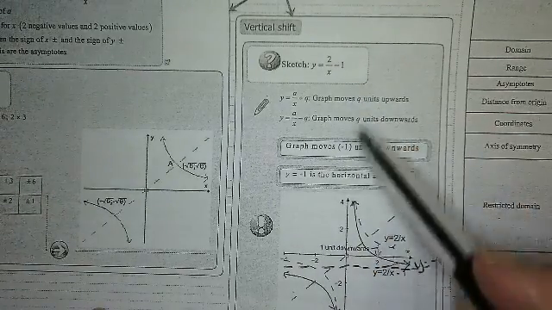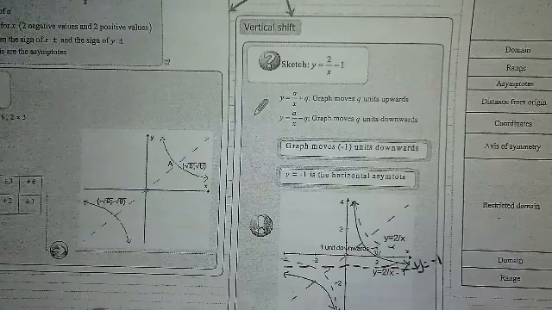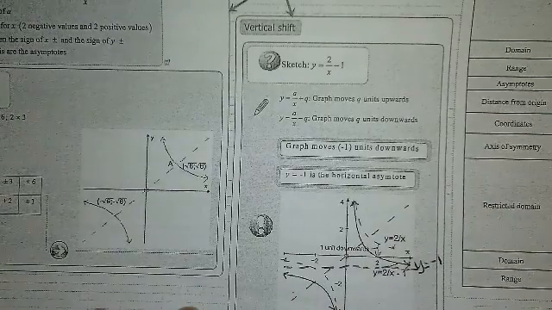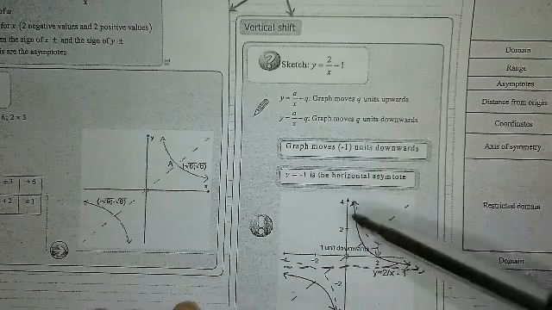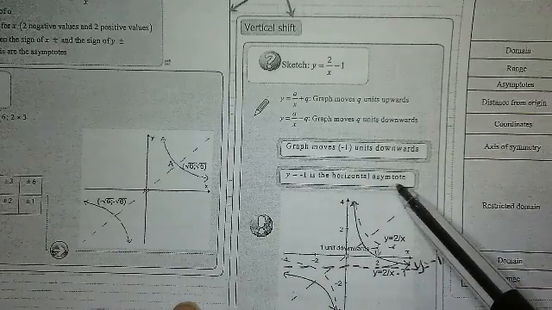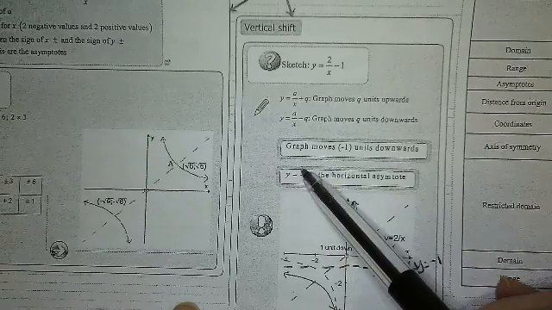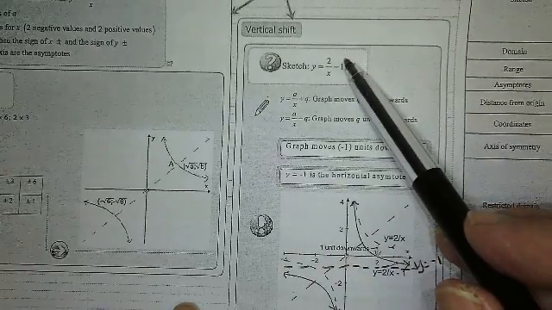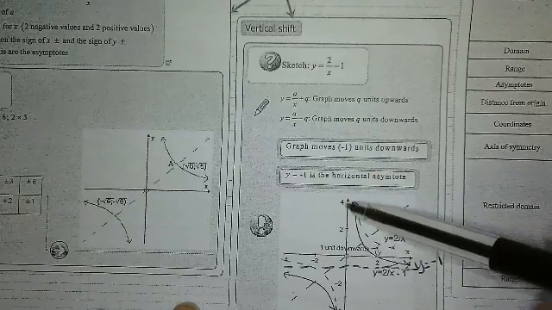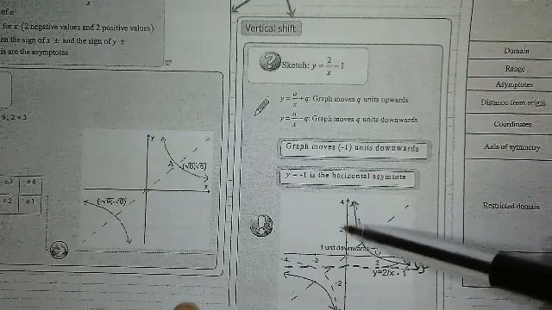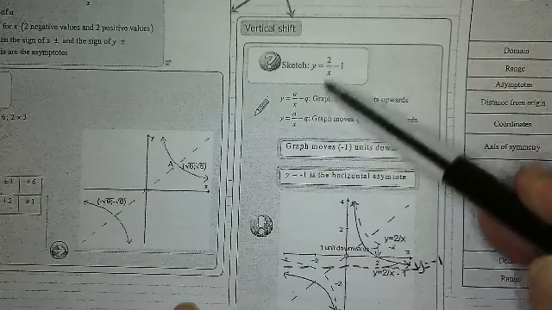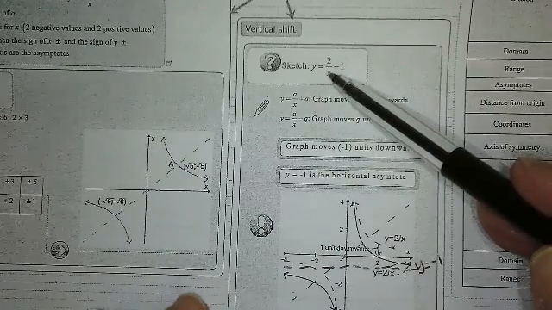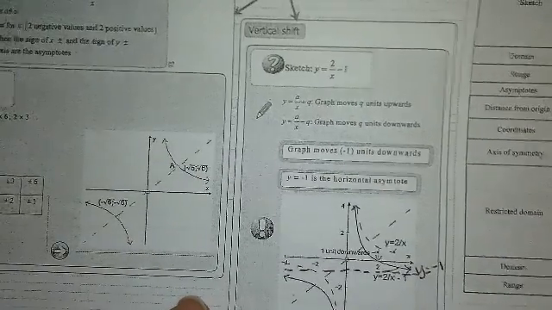You can use the table method, and then you can write the coordinates down. So your horizontal asymptote is now negative 1, and negative 1 is the same as the q value. Your x equals 0, it's still the asymptote there, because division by 0 is not allowed. So that's the sketching of graphs.